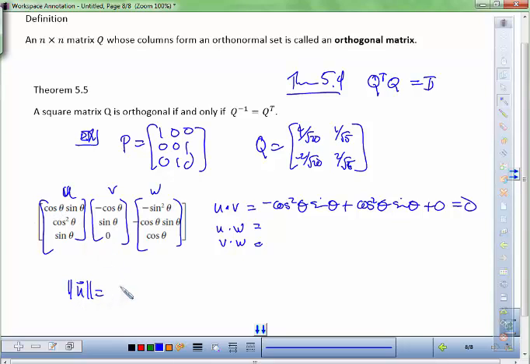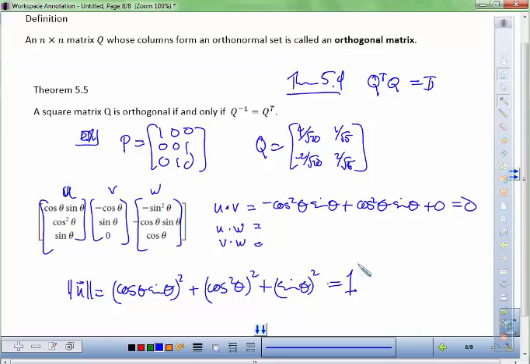So that would be cosine theta sine theta squared plus cosine squared theta squared plus sine theta squared. And you'll see a bunch of sine squared plus cosine squareds popping out of here, and you'll do some factoring and stuff like that, and you're going to get this to equal 1.